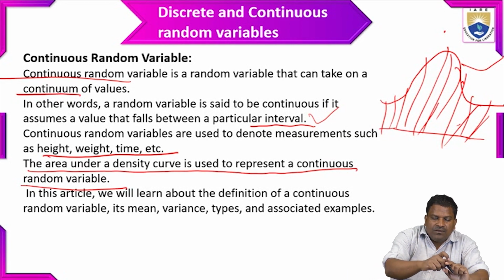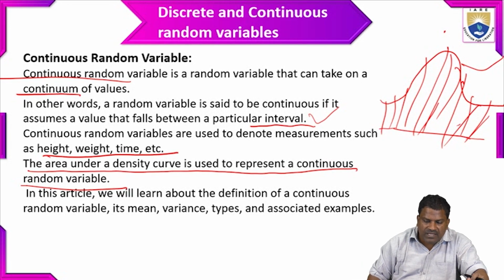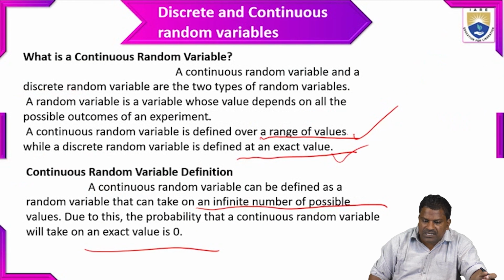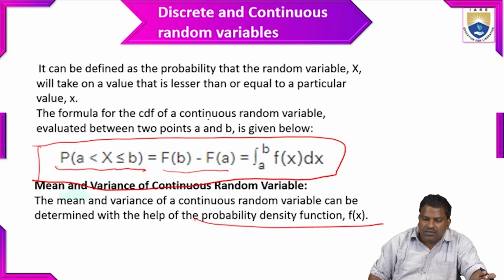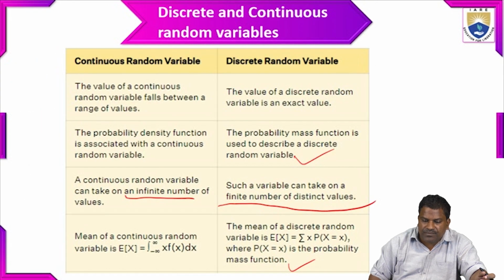So till now we have discussed so many features of this continuous random variable, its mean, variance, types, and associated examples. So many we have discussed here. So by concluding all these, what can we say?